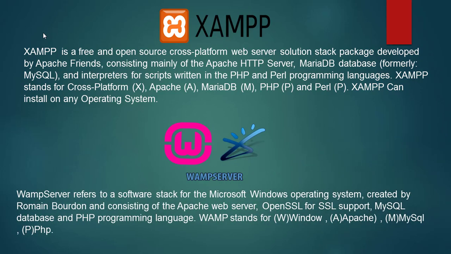WAMP server refers to a software stack for the Microsoft Windows operating system created by Romain Bourdon and consisting of Apache Web Server, OpenSSL for SSL support, MySQL database, and PHP programming language. WAMP stands for W for Windows, A for Apache, M for MySQL, and P for PHP.